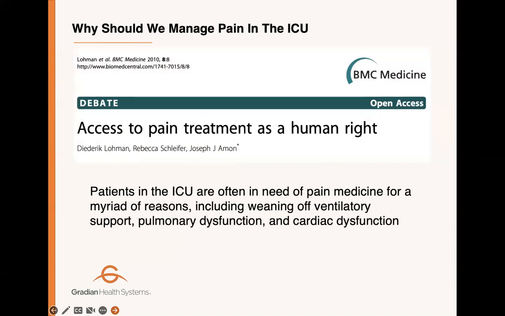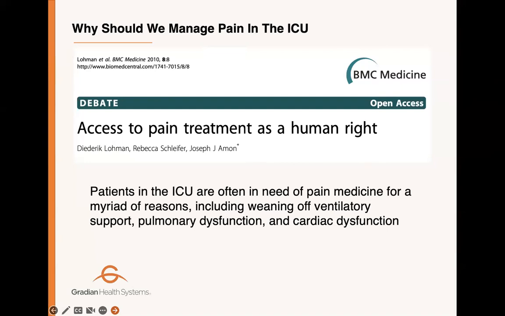So why should we manage pain in the intensive care unit? Why do we care about pain? There is evidence that says access to pain treatment is a human right. This is an article from 2010 by Lohman and colleagues, explaining pain-free being as a human right.